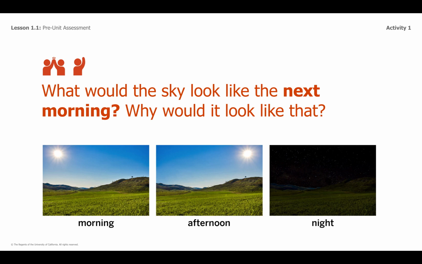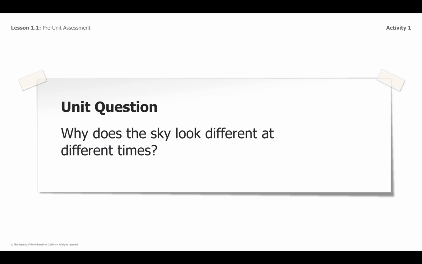Please pause to discuss those two questions. Thank you. Okay, so I'm going to continue by introducing the unit question, the question we're going to be exploring. Why does the sky look different at different times? Because hopefully you notice that the sky, of course, looks different depending on what time of day you're looking at it, even the same spot.